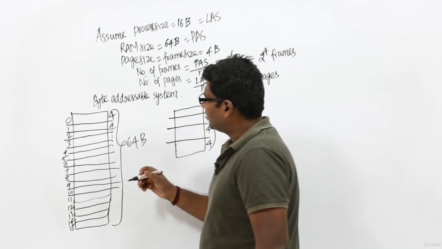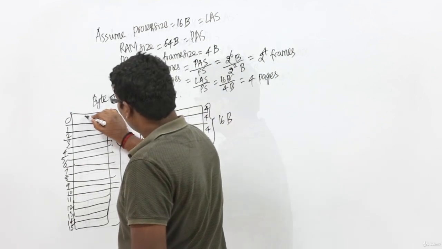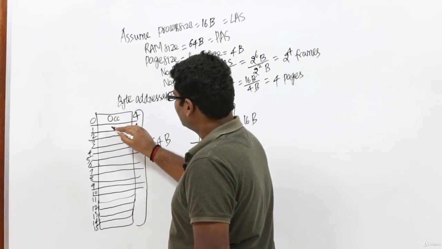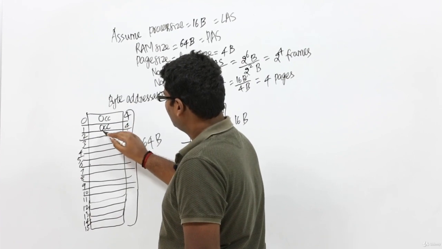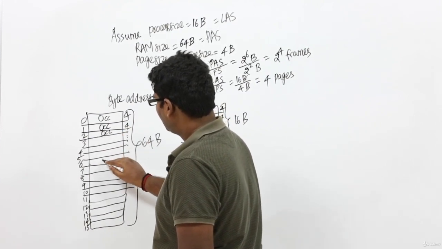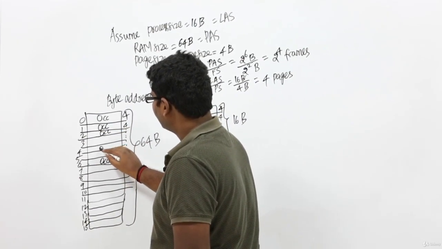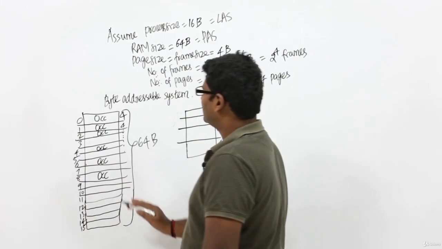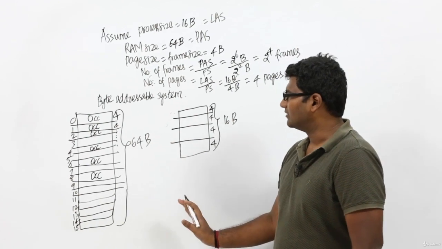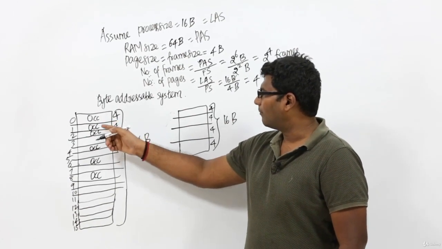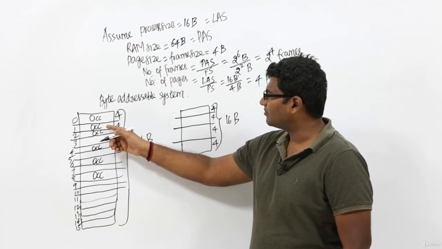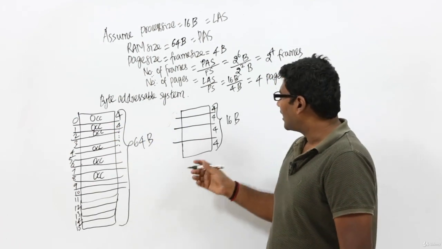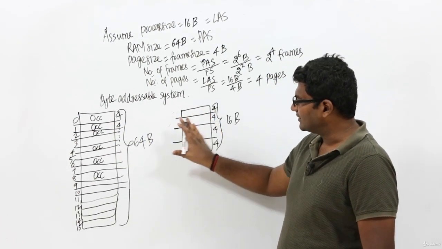For example, let us assume this is occupied, this is occupied, and so on. As of now the RAM looks like this, which means these frames have been occupied by some other process. Now I want to place these 4 pages inside the RAM.